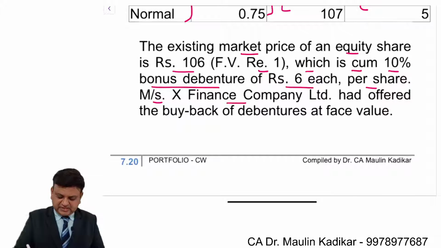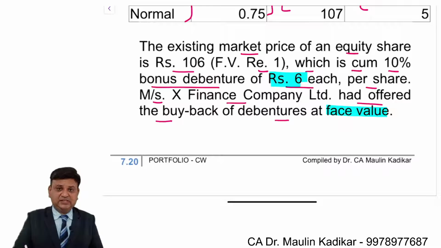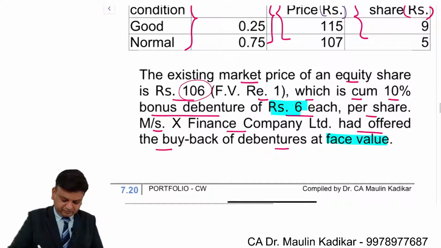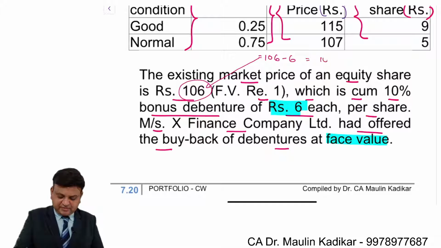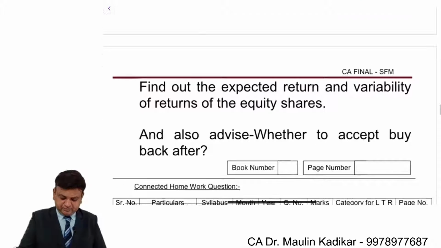Mr. X Finance Company had offered the buyback of the debenture at face value. So we understand that the face value of rupees 6 itself is its offer price, which is included in this 106. So this 106 is including that 6 rupees of the bonus debenture. So the difference of that is 100 rupees.